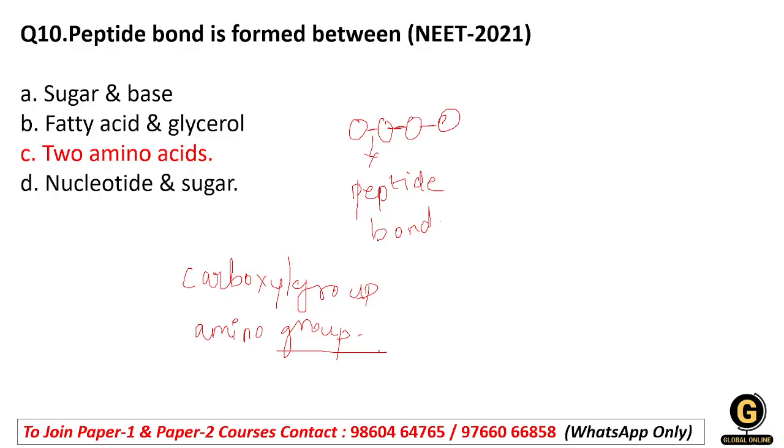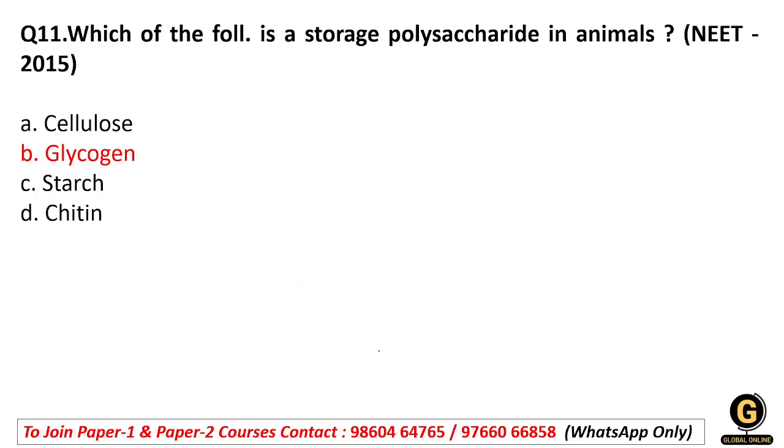Moving forward to the next question. Which of the following is a storage polysaccharide in animals? We are also animals, right? So what is the storage polysaccharide in us? Cellulose, glycogen, starch and chitin. So the right answer is glycogen, because glycogen is a major storage carbohydrate in animals.